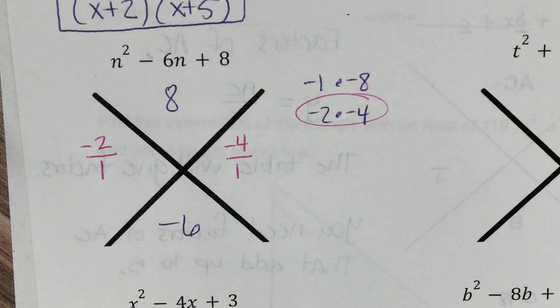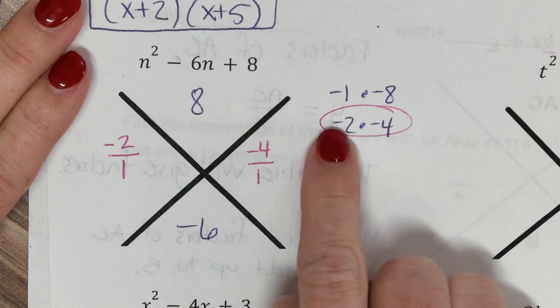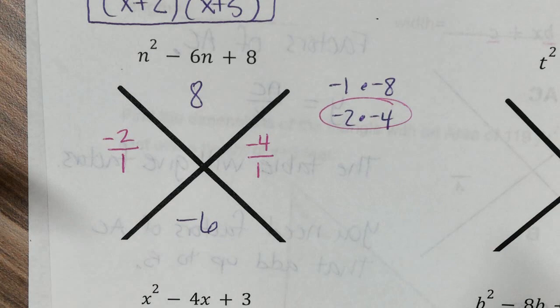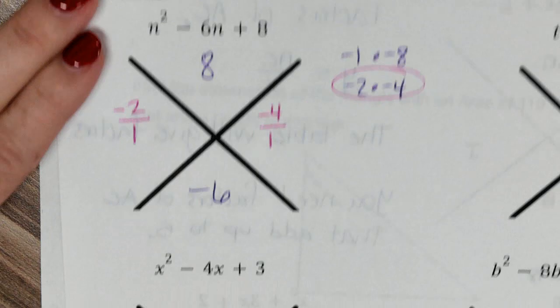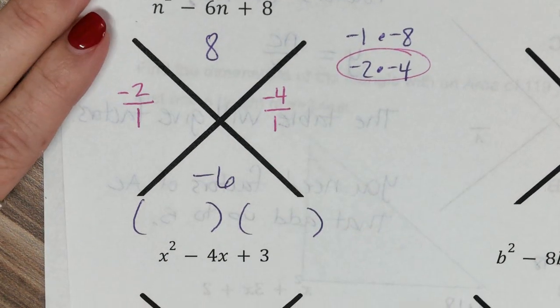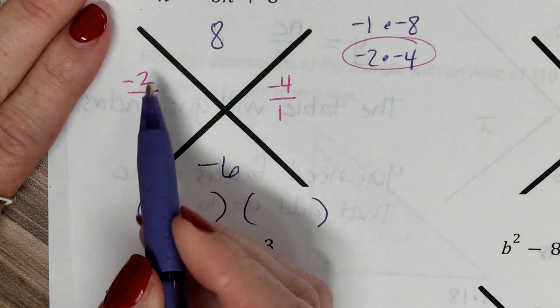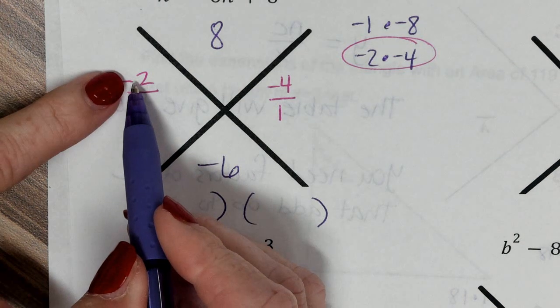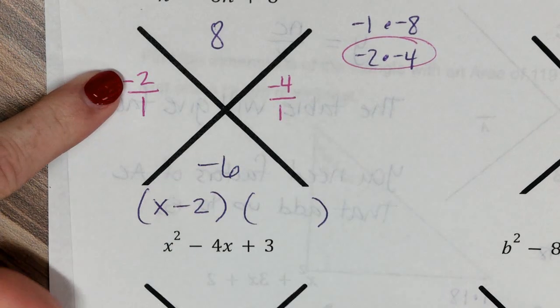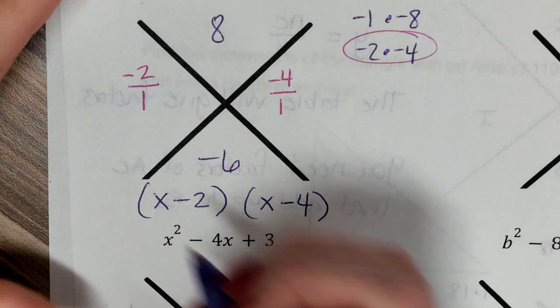Did everybody hear that? So if you go simplify, the negative must stay where it came from. Any questions on that? Okay, so now we go drop it in our binomials. Bottoms up, so the 1 goes with the x, so 1x. Instead of plus 2, it's minus 2. Same thing here, 1x, so x minus 4.